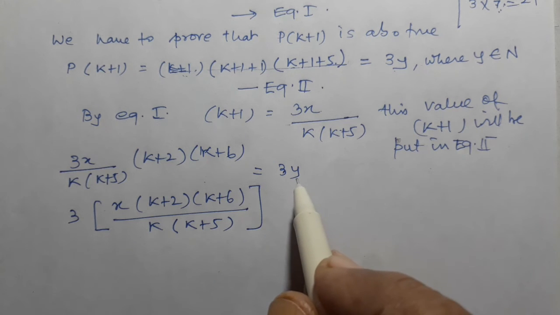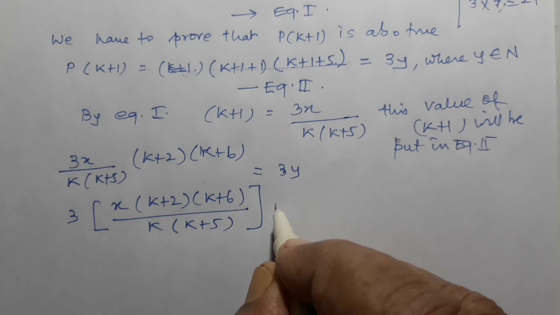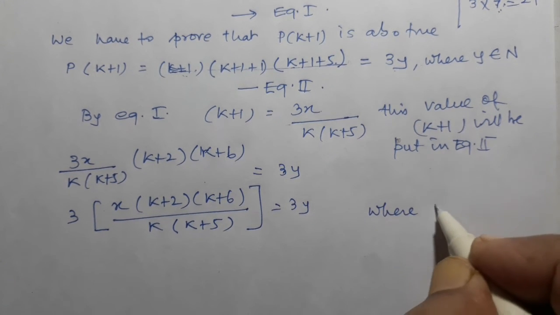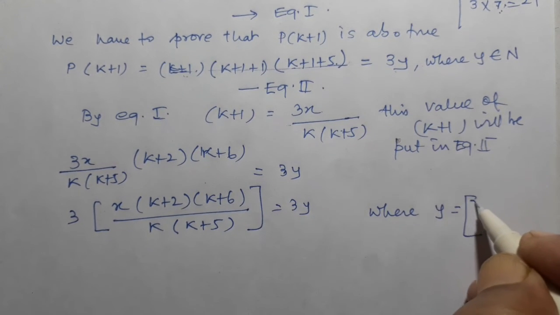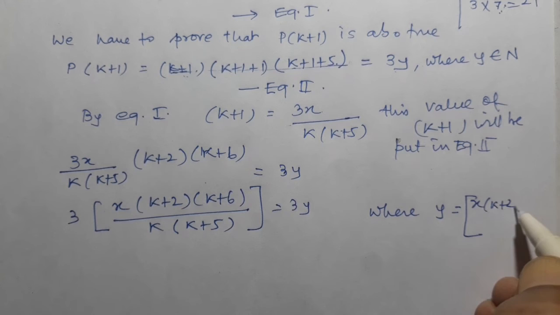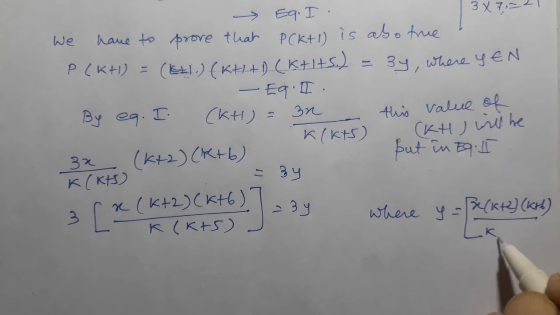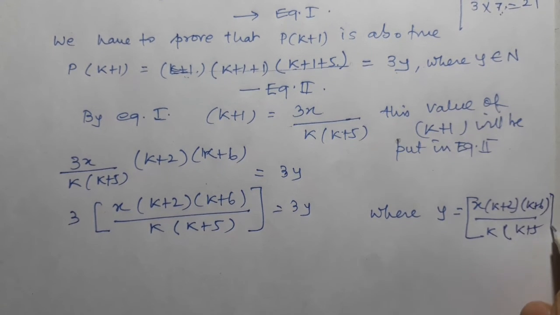So we shall write is equal to 3y, where y equal to x into k plus 2 into k plus 6 by k into k plus 5.